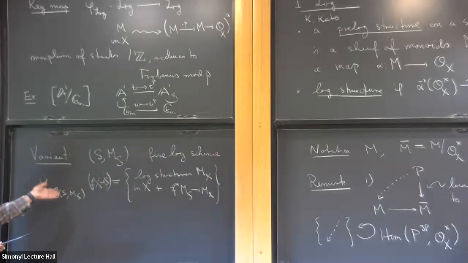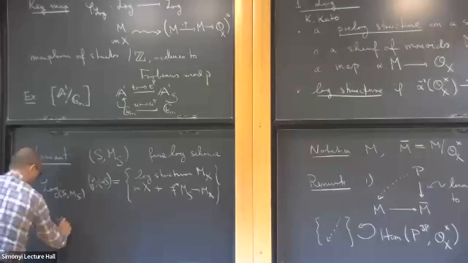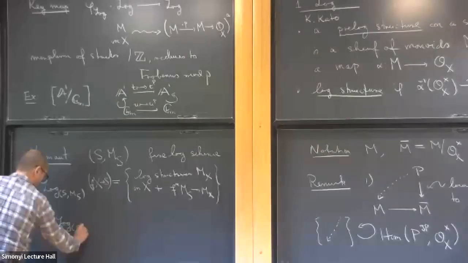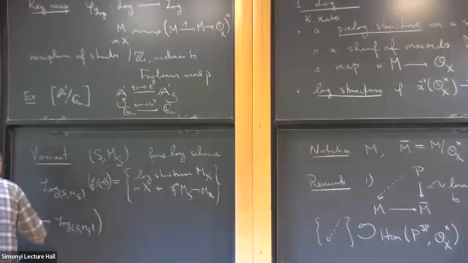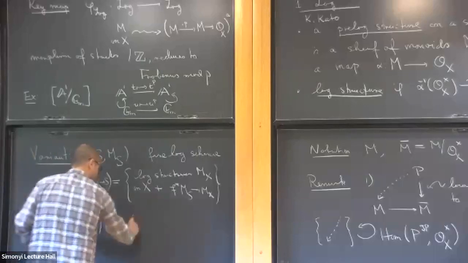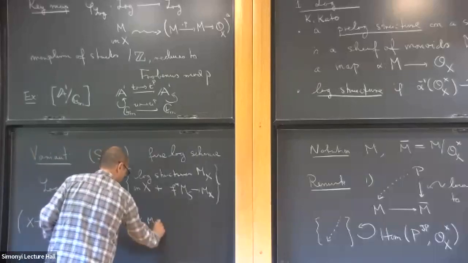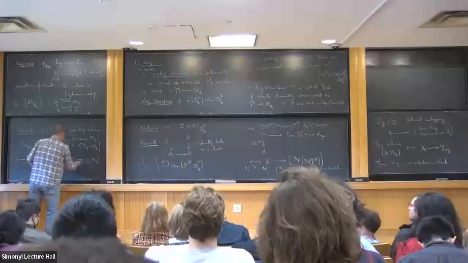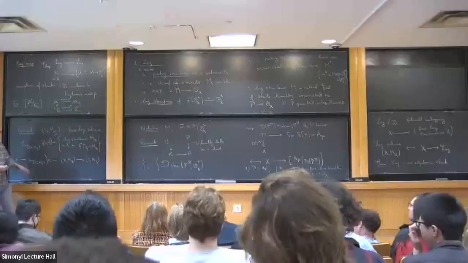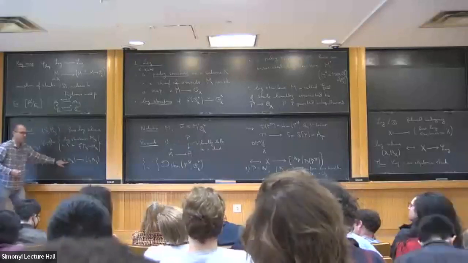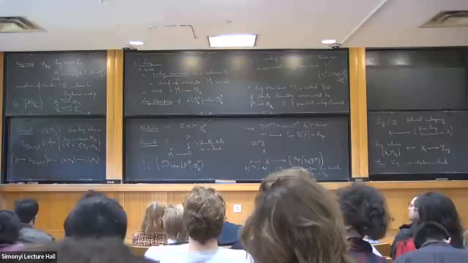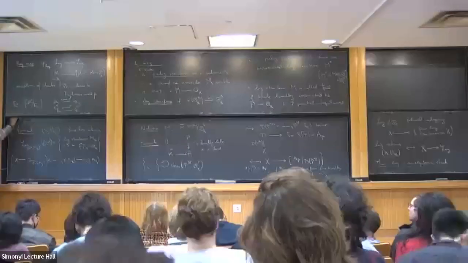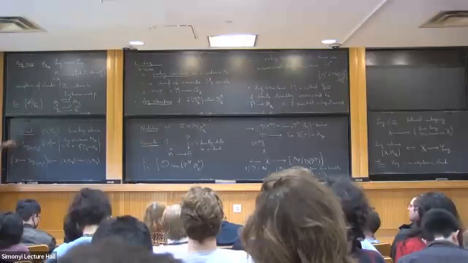So morphisms to this are log schemes over S. So let's write it out. That data is the same thing as a pair: a map X to S and a map from the pullback of M_S to M_X. All right.